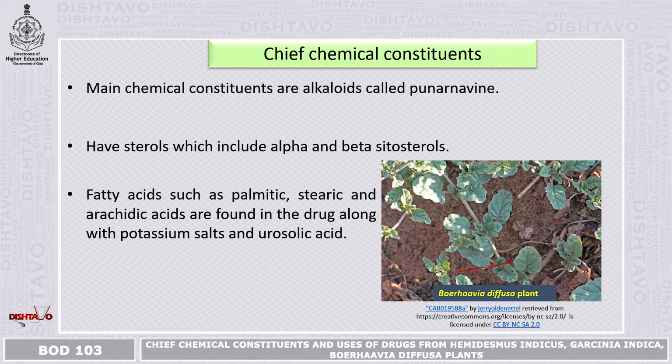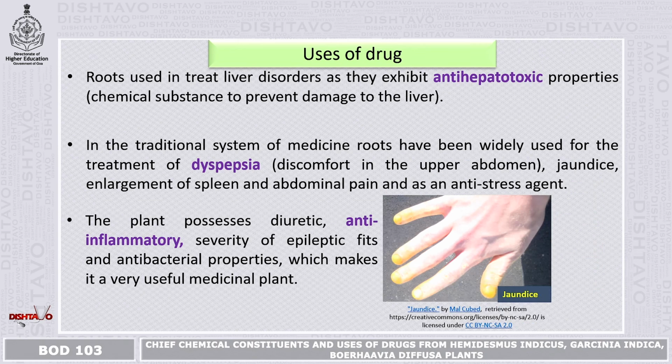It has sterols which include alpha and beta sitosterols, and also fatty acids such as palmitic and stearic acids which are found along with the drugs. Also it has potassium salt which can treat other illnesses. Ursolic acid is one more component which is useful in medicine.